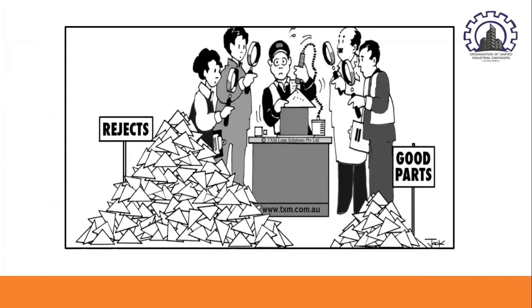Now, as you can notice, this is an example of waste of defects. On your left side, you have the rejects or defects, and on your right side, you have the good parts. So the waste of defects should be prevented where possible. Better to prevent than to try to detect them, okay? Prevention, as they say, is better than cure.